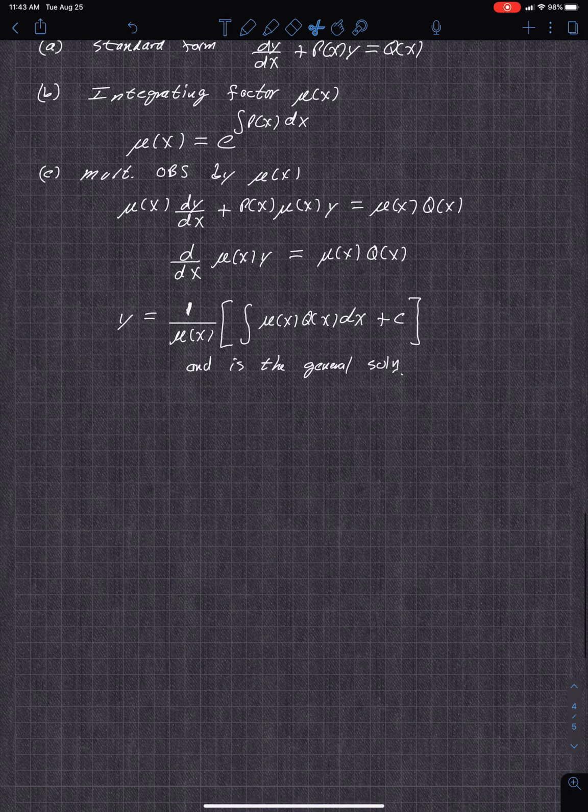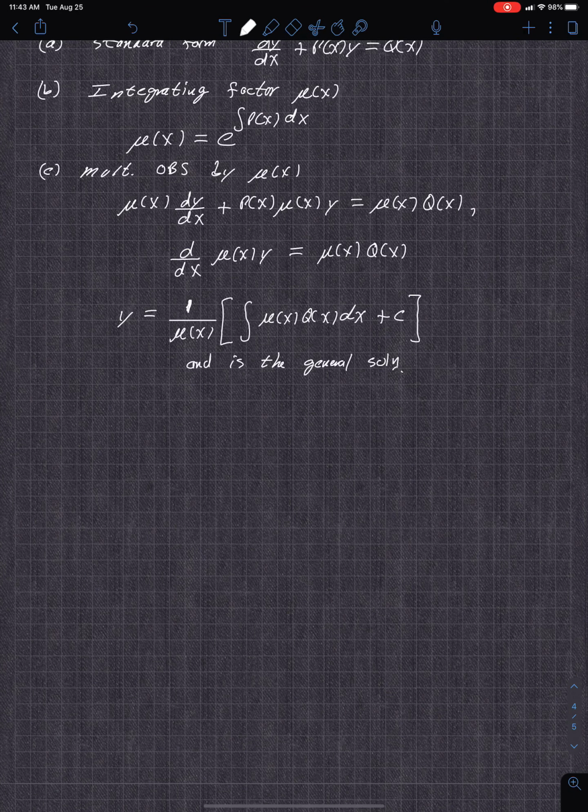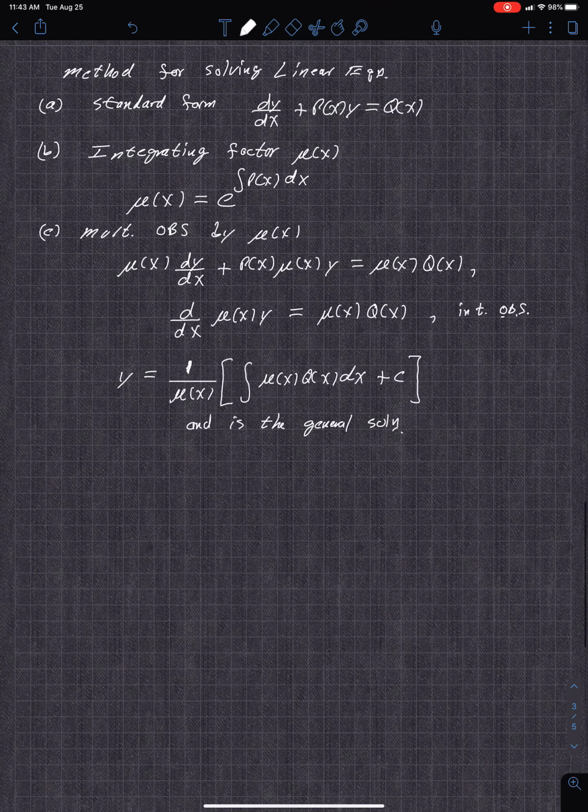Okay, so then from here, like I just said, you integrate on both sides. So there's really two major steps, well, more than that. Basically, standard form, so you figure out what your p of x and q of x are. Then you have to calculate your mu of x, whatever that ends up being.